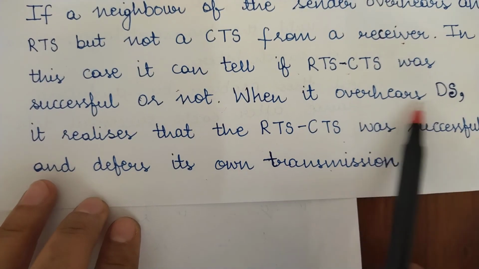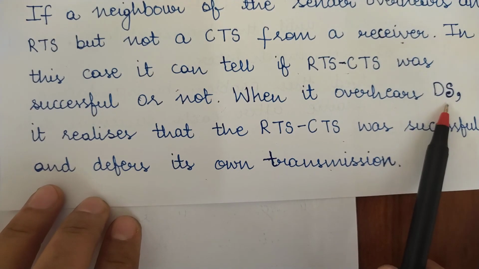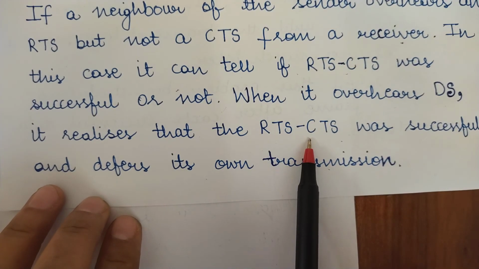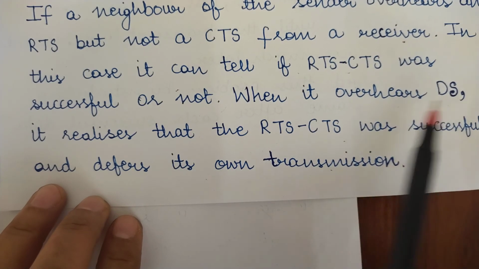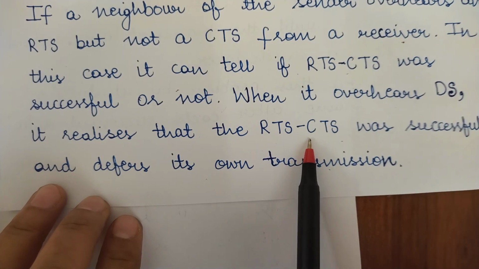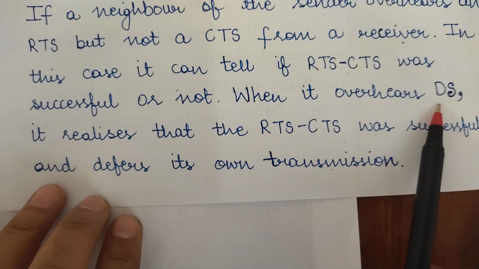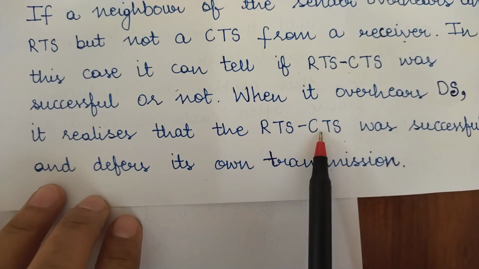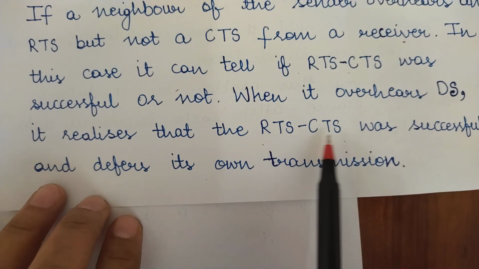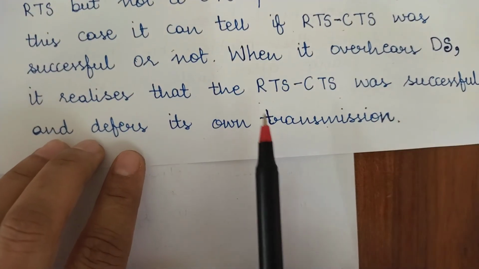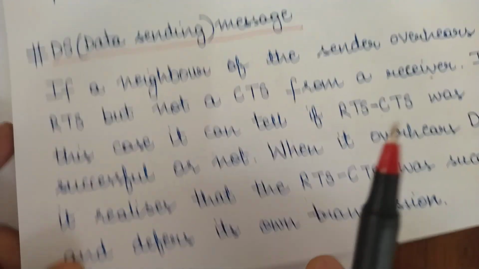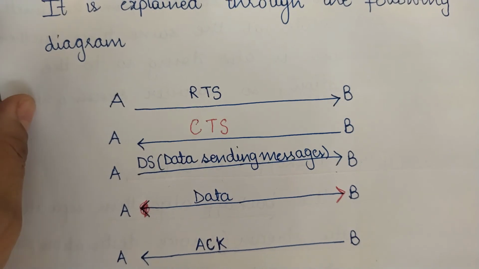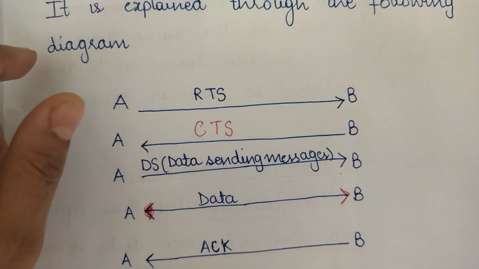So any neighboring station on hearing the DS knows that the RTS CTS was successful, because only when the RTS CTS was successful the DS was sent. So even if it did not hear a CTS, if it hears a DS, it knows that the RTS CTS was successful, and therefore it defers its own transmission. So this is all about the MACA and MACAW protocol.